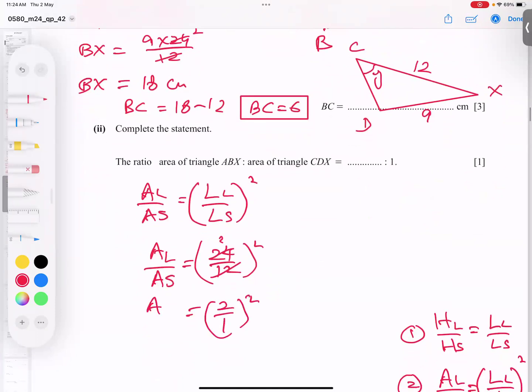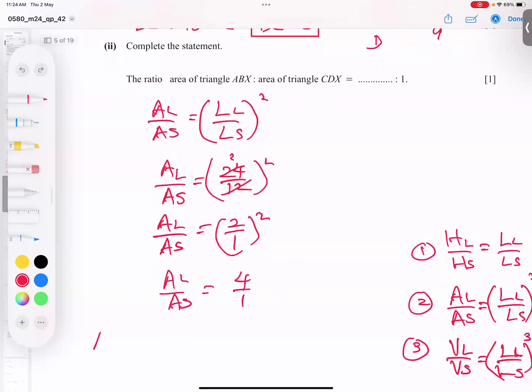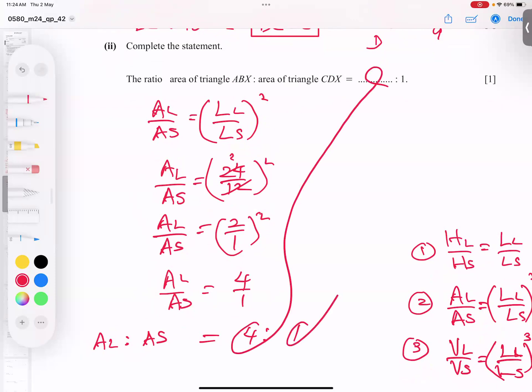Area of the large by area of the small is 4:1. If I convert this into ratio format, area of the large to the small is 4:1.